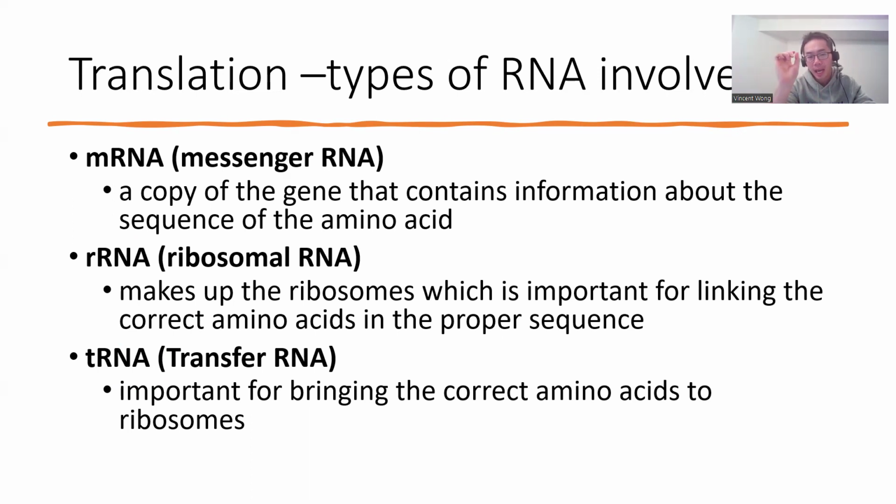If you see AUG on the messenger RNA, that would be the start codon. Then the tRNA is going to bring over the methionine, right? The MET amino acid. So these 3 things work together to make it possible for protein synthesis.